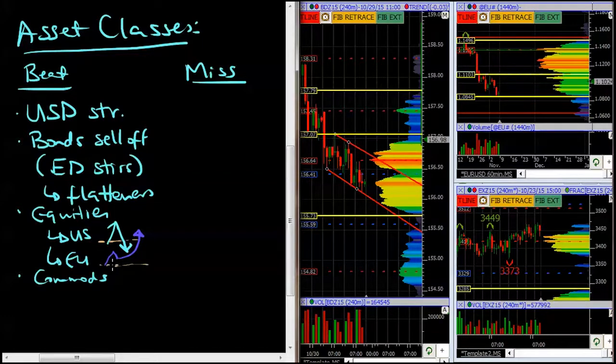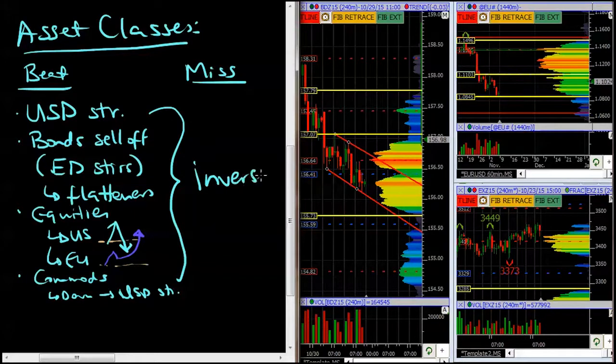If we do get excessive equity strength and there's a risk-on effect, oil can rally and be quite buoyant. So there is a bit of a play on that. You have to understand these correlations a little bit, but overall, I'd say we're getting it down because of the USD strength. And now, if we take this whole bit here, it's basically the inverse.